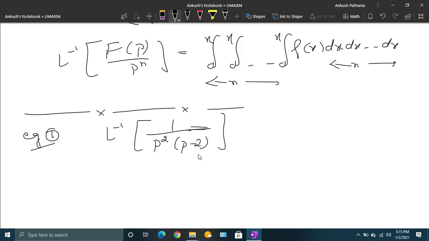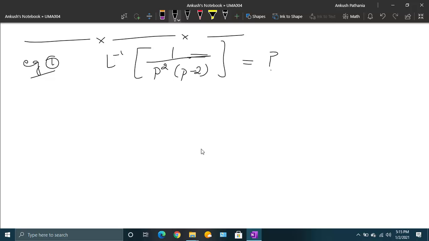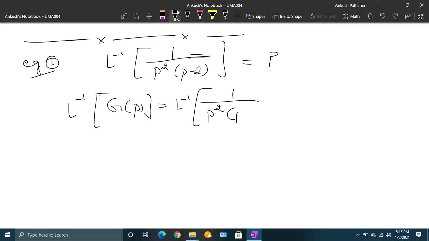However, we will just see how we can solve the inverse problems of Laplace transform using this property. So say you have to find the Laplace inverse of 1 upon p square times p minus 2. Clearly you have here the Laplace inverse of G(p), and G(p) is 1 upon p square (p minus 2).